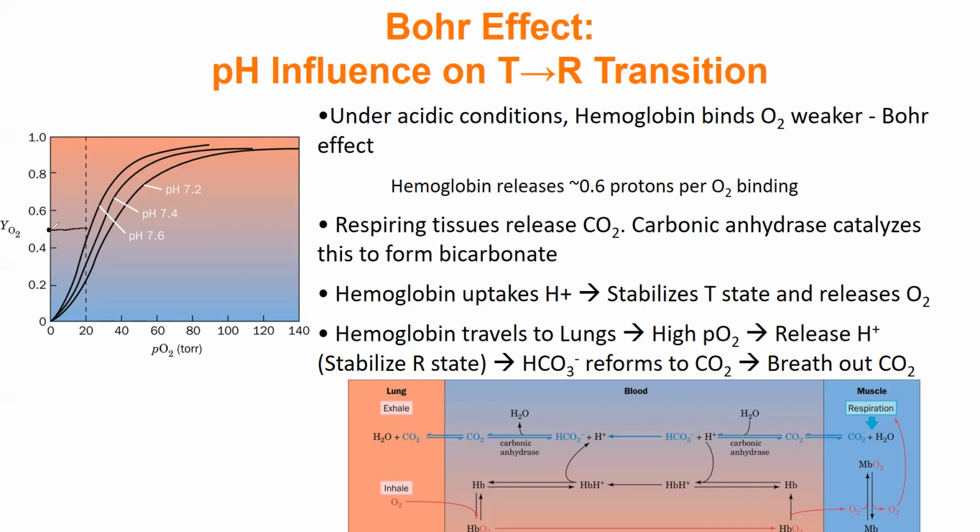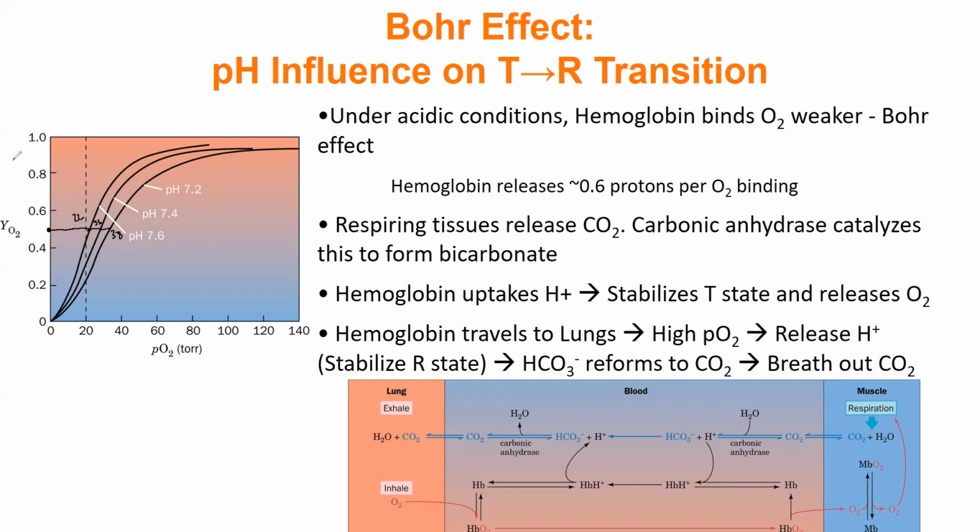At a pH of 7.6, that's roughly 22 torr. At a pH of 7.4, let's say that's roughly 35 torr. At a pH of 7.2, I don't know, like 38 torr, rough numbers. But you can see as the pH becomes more acidic, your P50 increases. So under acidic conditions, hemoglobin does not want to bind oxygen.